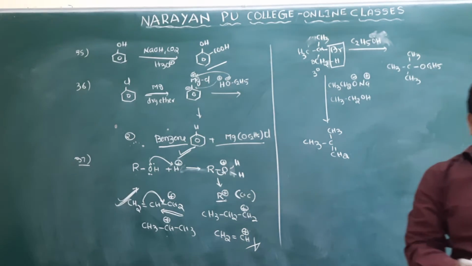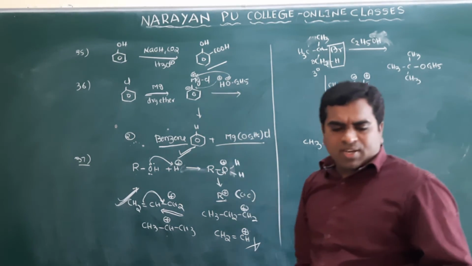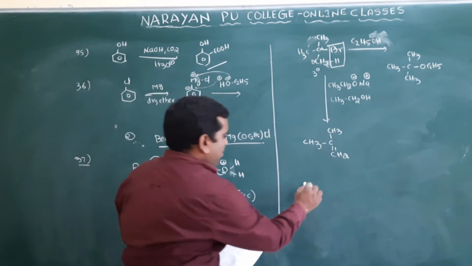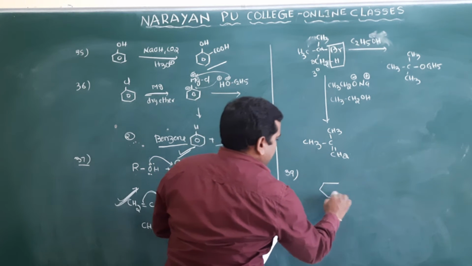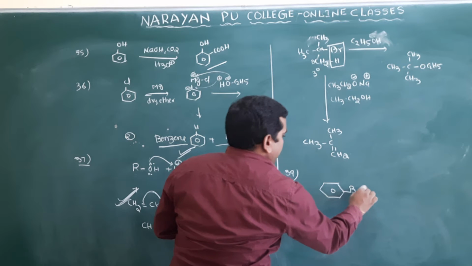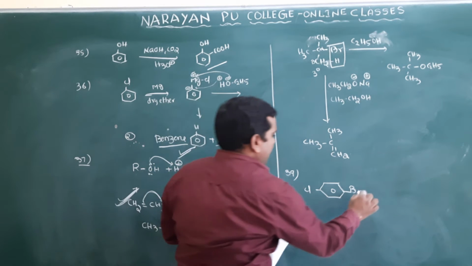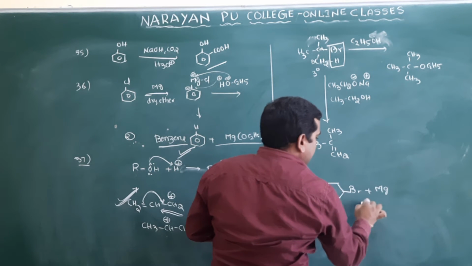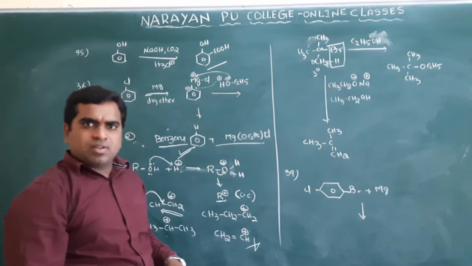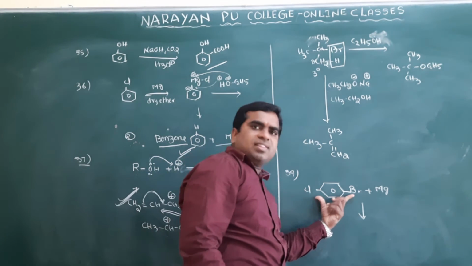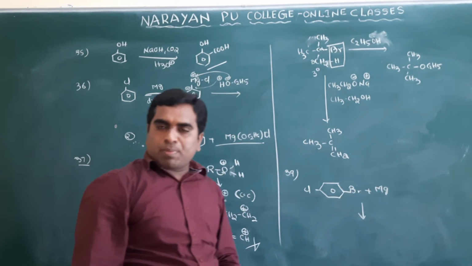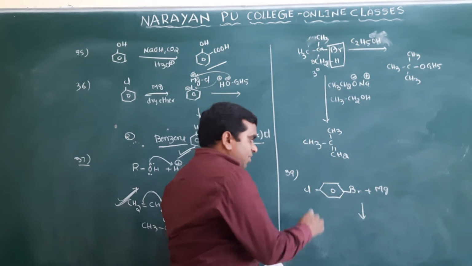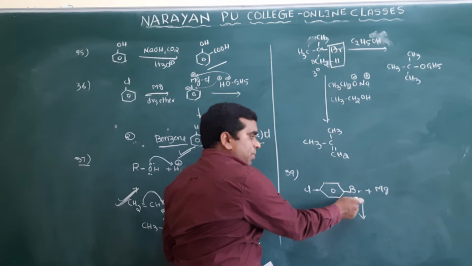Clear? Next one. Question number 39, they are asking what is the end product. Here there is a bromine, a chlorine, and magnesium. So which reaction is it? Magnesium with aryl halides means Grignard reagent preparation. Where will the Grignard reagent form, here or here?